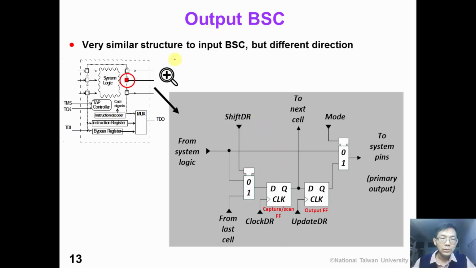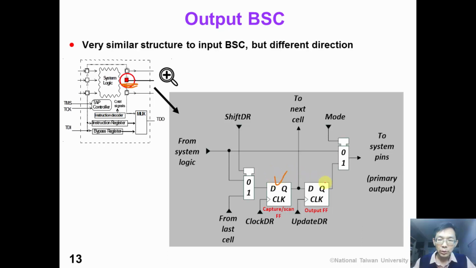Now, let's look at the other side, the output boundary scan cell. On the upper left figure, we zoom in this square. We can see that the output boundary scan cell is actually very similar to the input boundary scan cell in the structure.